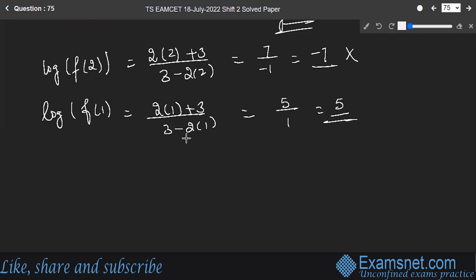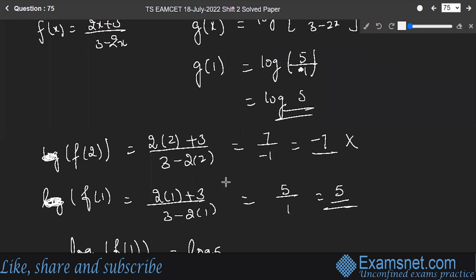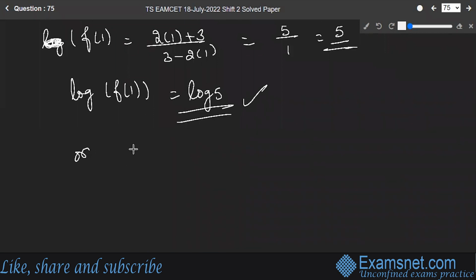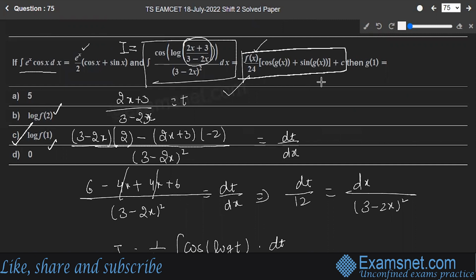So this is the one. This is f(1) actually, and log of f of 1 will give you log of 5. That means g of 1 is equal to log of f of 1. Hope you understood this. So we have option C as the correct answer.